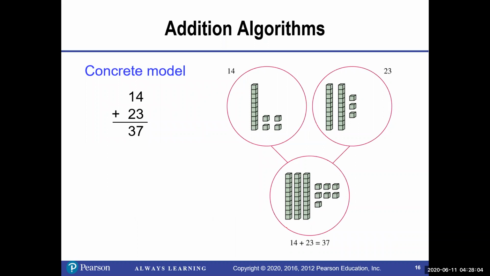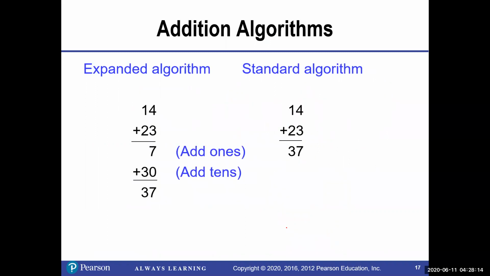Now, addition algorithms. We have what we call the concrete model. Okay, so these are concrete objects in different sets. You put them together and you have 37. And addition algorithms, expanded algorithms. Here what you're doing basically, you're adding, like I showed you with place values. You add the ones first, followed by the tens, in that order.